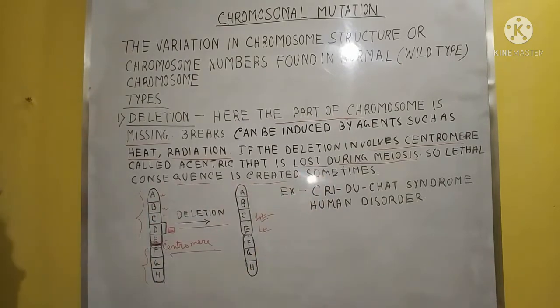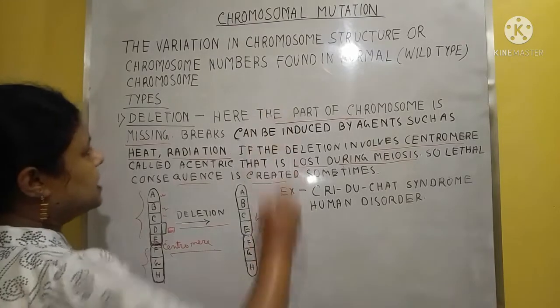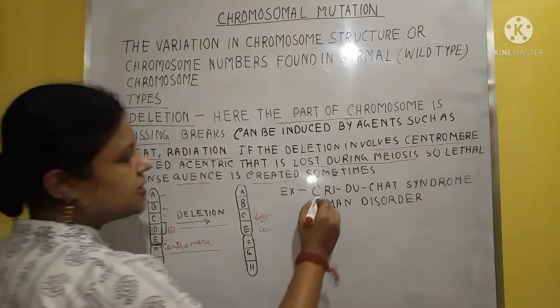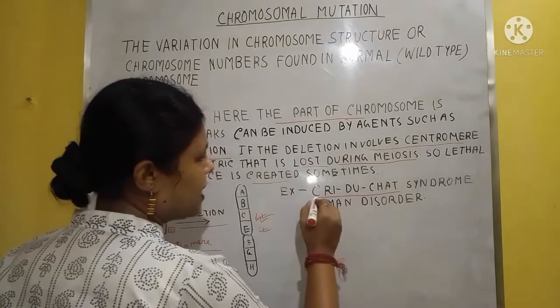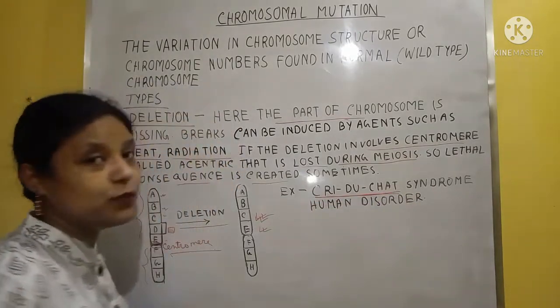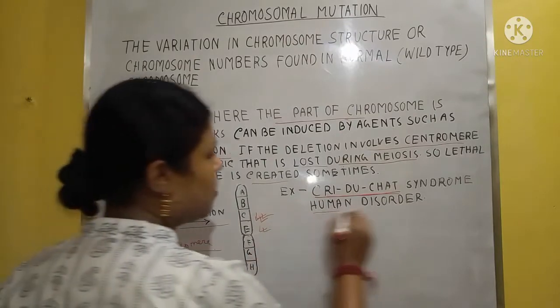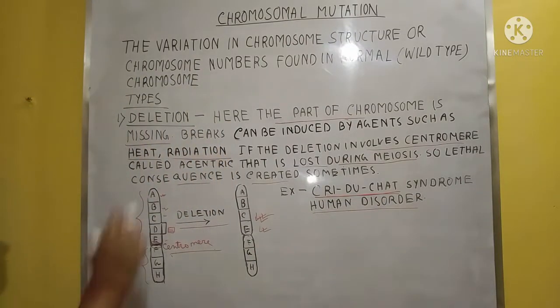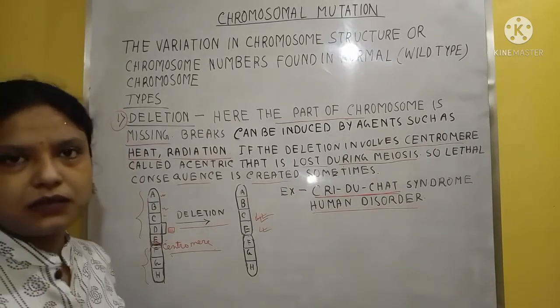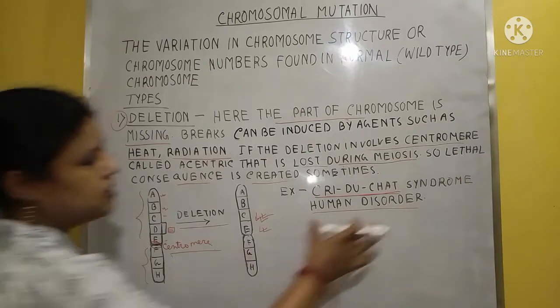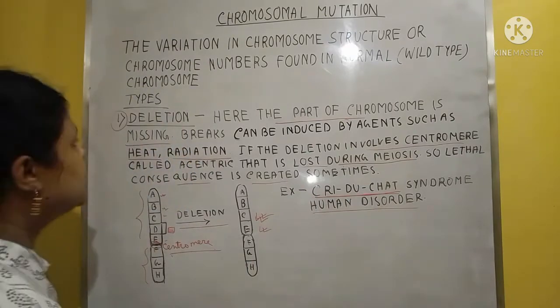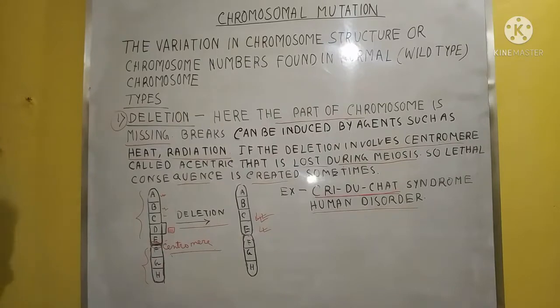And one disease of this deletion of chromosomal part is cri-du-chat. Cri-du-chat is one kind of human disorder, a syndrome or disease. If the chromosomal part is deleted, somehow this disorder occurs in humans. Clear? So this is the process of deletion.